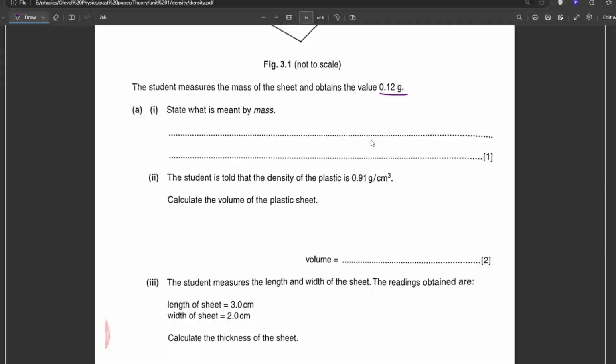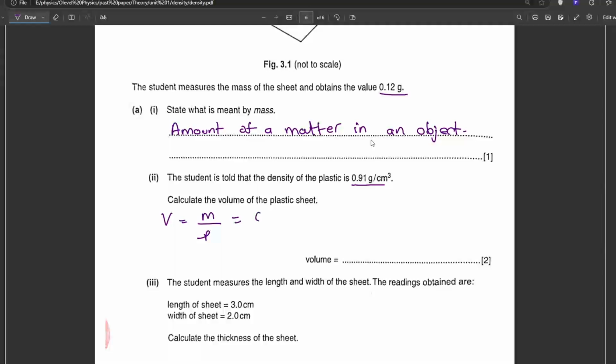State what is meant by mass. Amount of matter in an object. Now let's say the student is told that the density of plastic is this. You have to calculate the volume. Very easy. Volume is equal to mass over density.